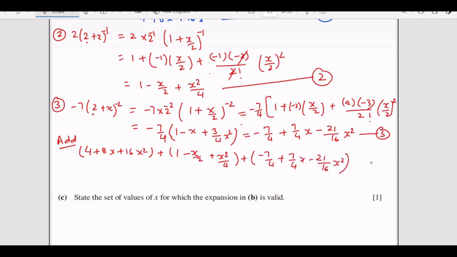Now you combine. I'm just writing it directly, I don't have enough space. The constant term I got is 13 over 4, since 4 plus 1 is 5, minus 7 over 4. Similarly, the term in x is 37 over 4. This is just the algebra part. Plus 239 over 16 x squared. So this is our final answer.